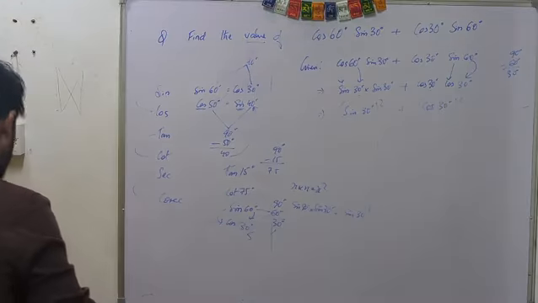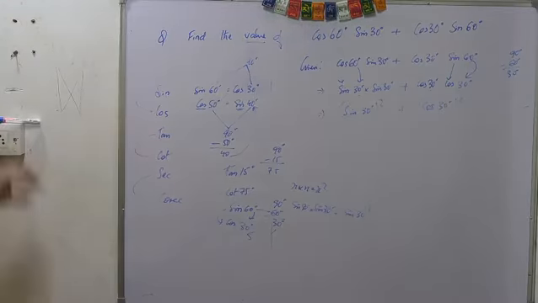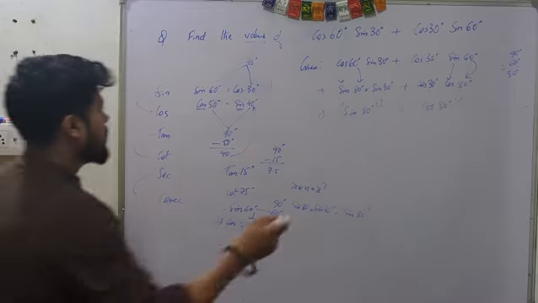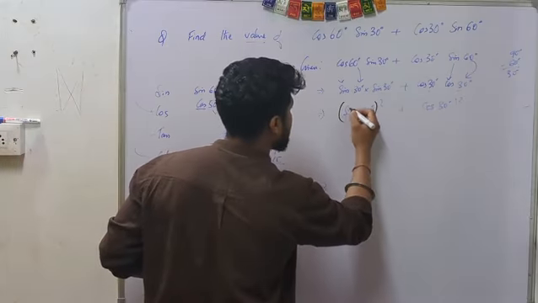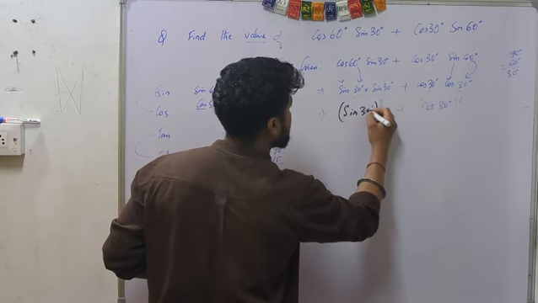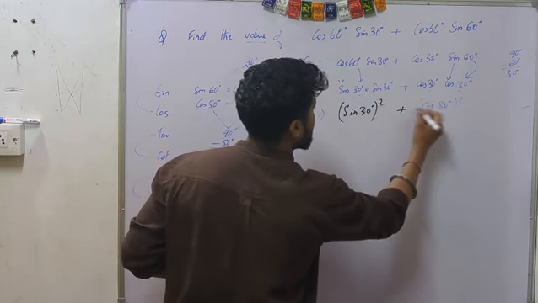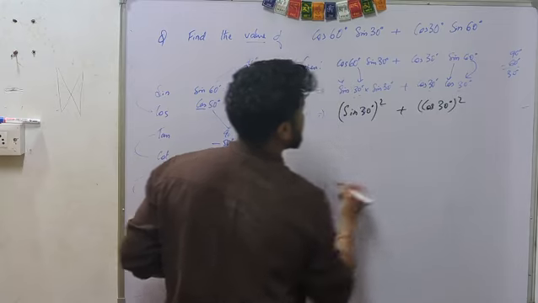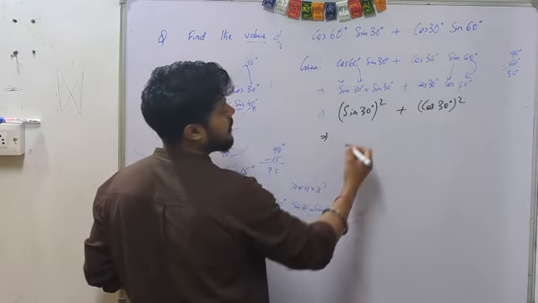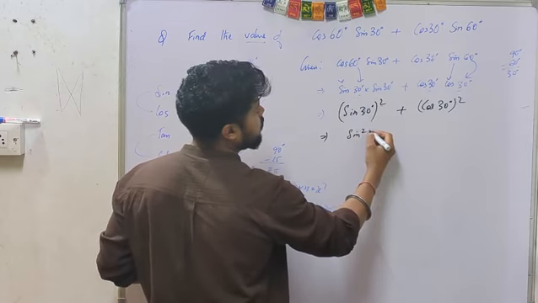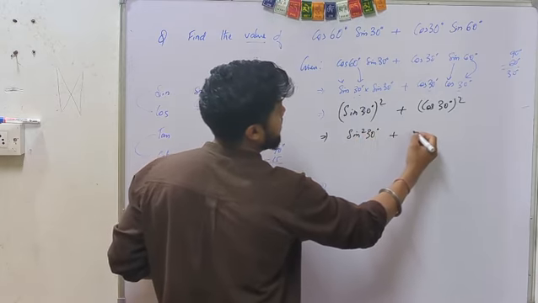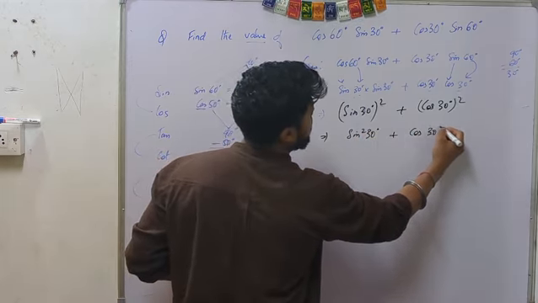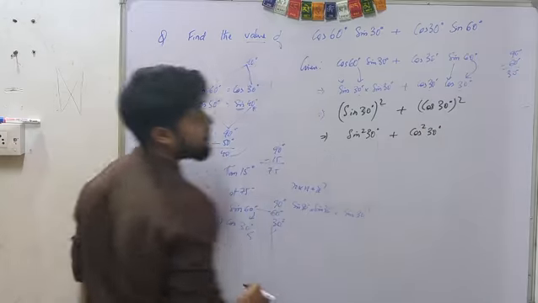The marker got dried up. So sine square 30 degree plus cos square 30 degree. Expression is always supposed to be written this way.